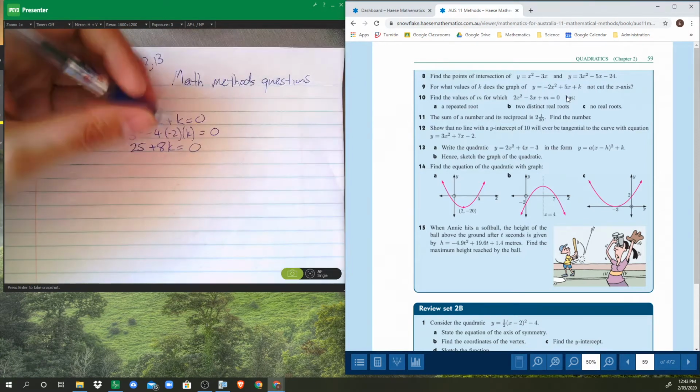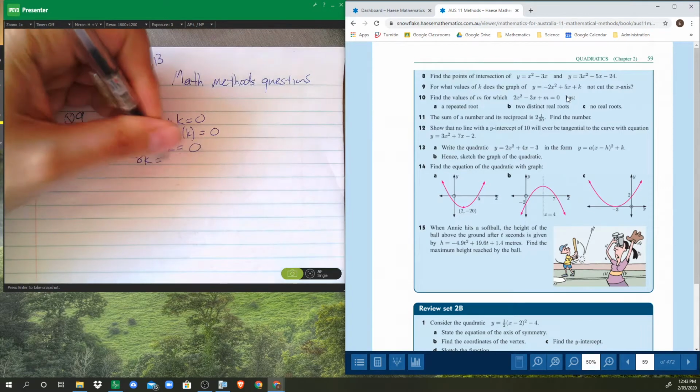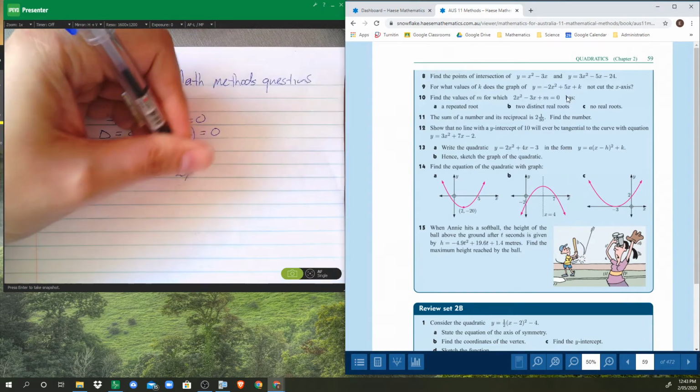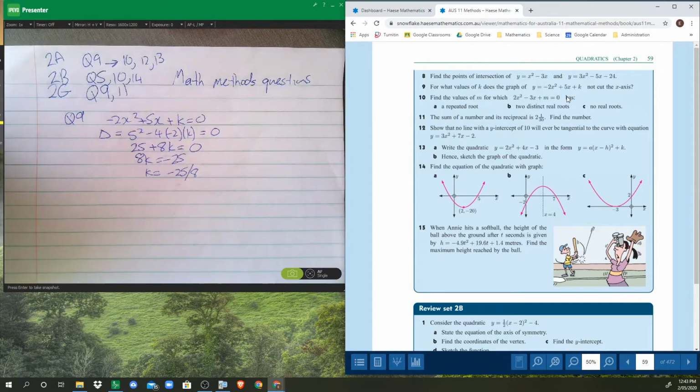All right, 25 divided by 8 seems to be the point at which that's where you would touch.